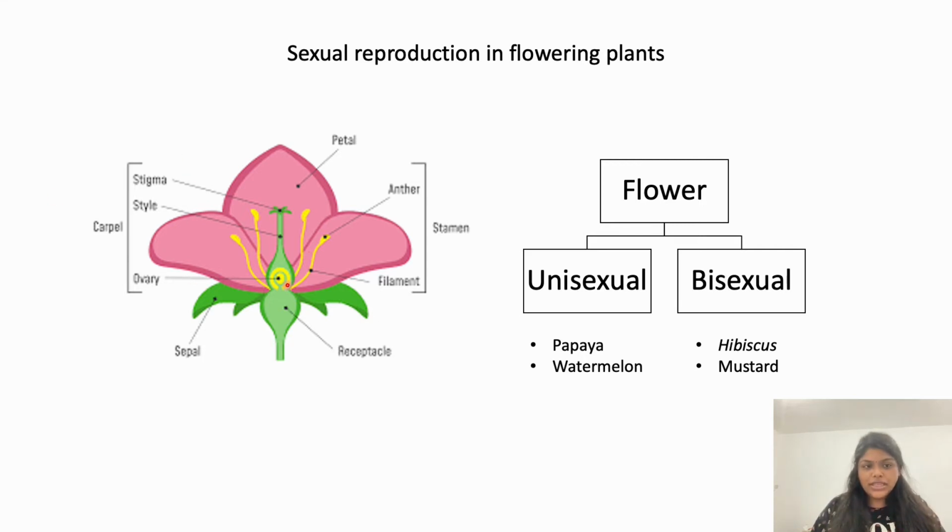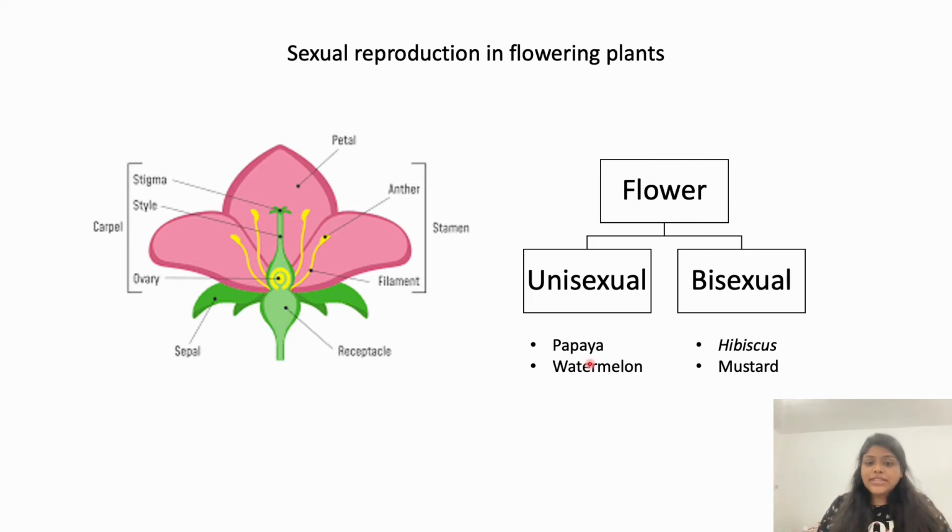As you can see, there is the male part, the female part, the petals and the sepals. Examples in nature are the hibiscus or China rose, or the mustard flower. That also is a bisexual flower.